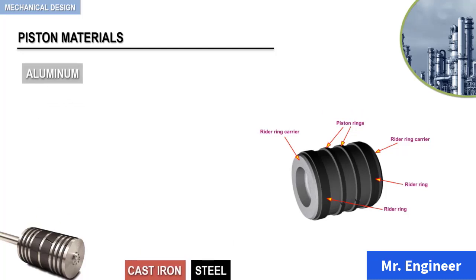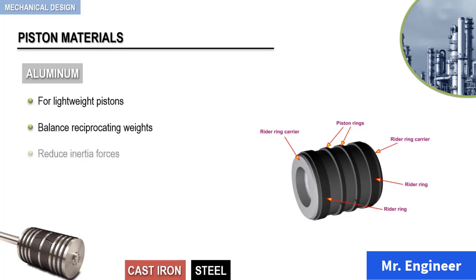Aluminum is used when lightweight pistons are needed in order to balance reciprocating weights or to reduce inertia forces so they do not exceed rated frame load limits. Applications are limited to approximately 200 degrees Fahrenheit and a differential pressure of 125 psi for castings.